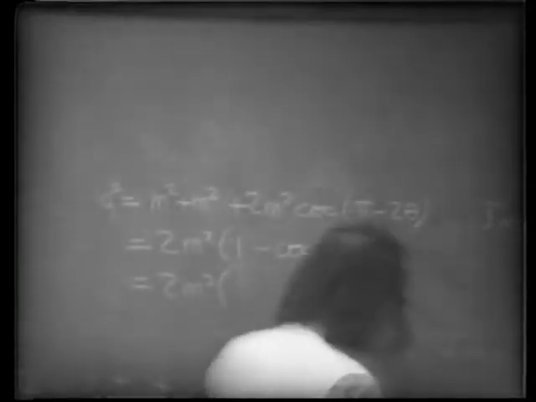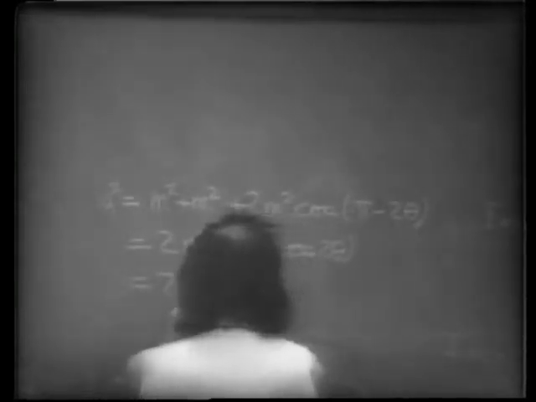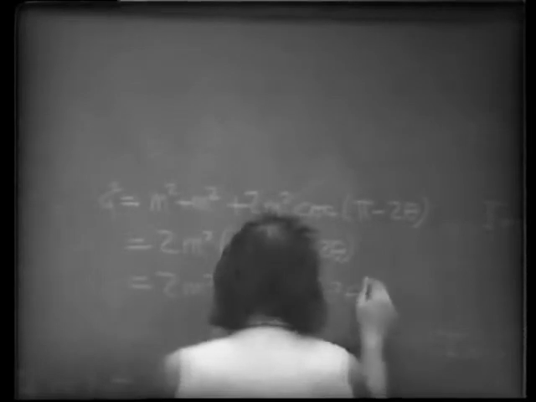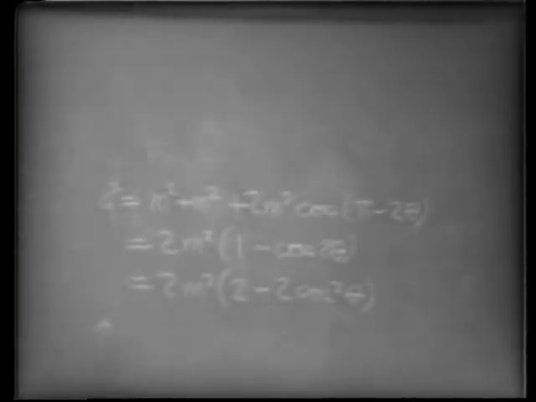I wrote it down as 2 cosine squared theta minus 1, so 2 minus 2 cosine squared theta. Let's remove those pejorative remarks.